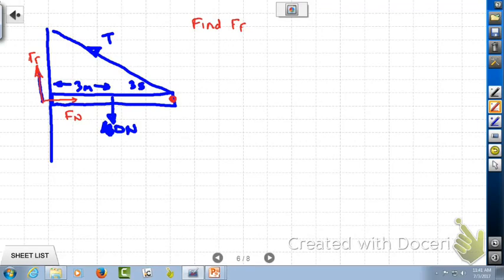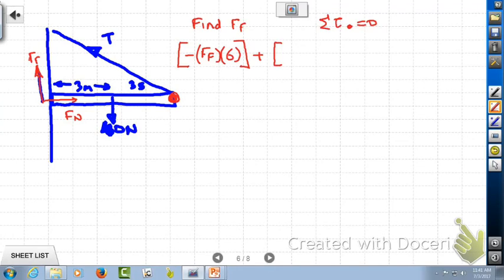Okay. And you would say FF times, well, from here, that's 6 meters away. That's going to be a clockwise torque, which is negative. We're saying the sum of the torques about my turning axis equals 0. So that's the FF taken care of.